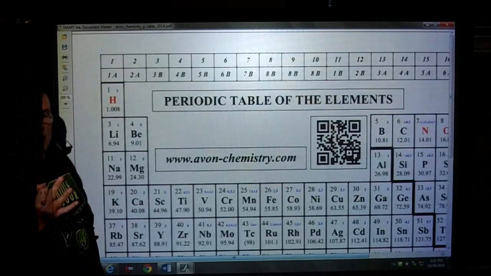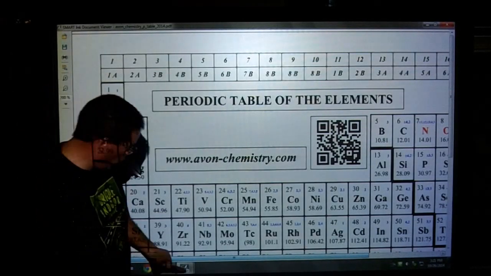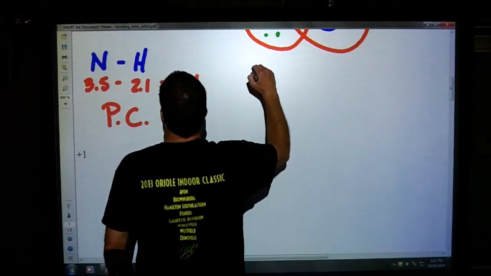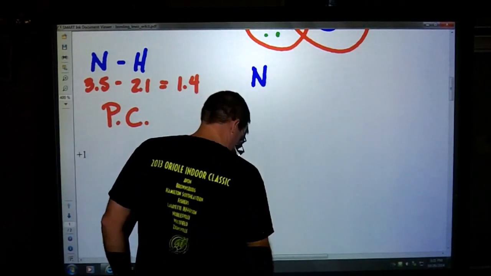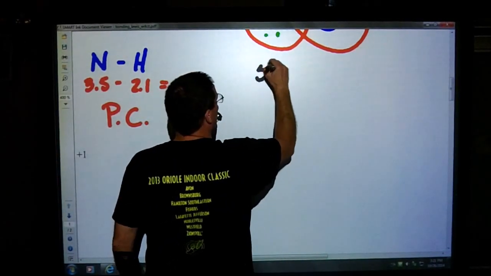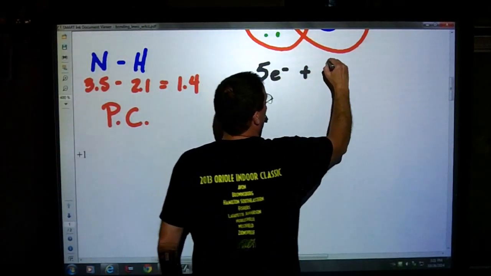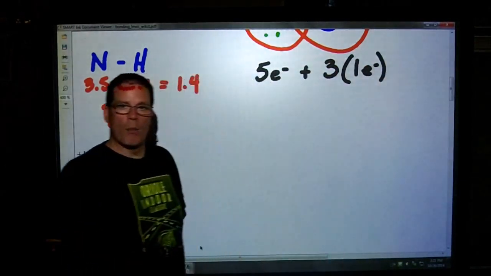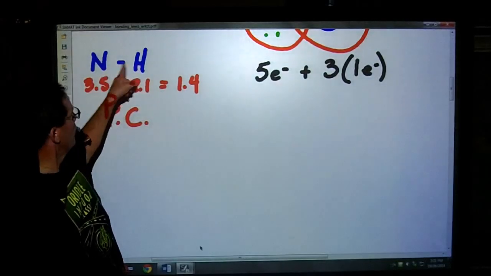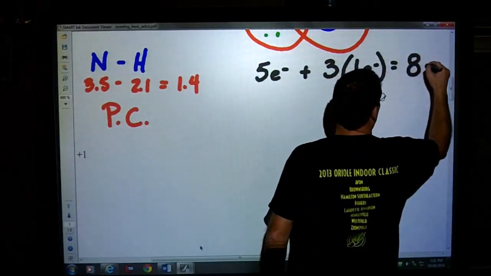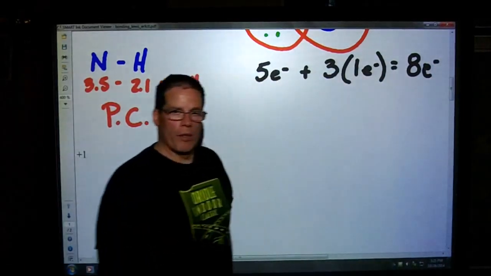So since we have 3 hydrogens, each one of those is going to bring 1. Let's say that the nitrogen brings 5 electrons, plus we have 3 electrons from the hydrogens. So that gives us a total of 8 electrons that we're working with.